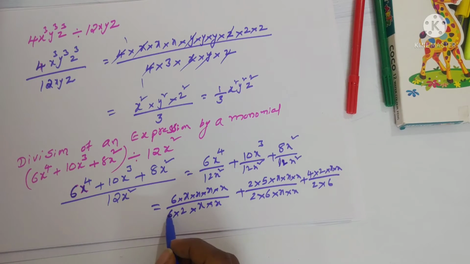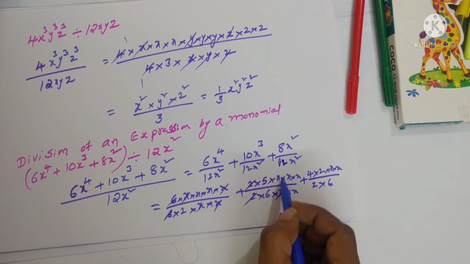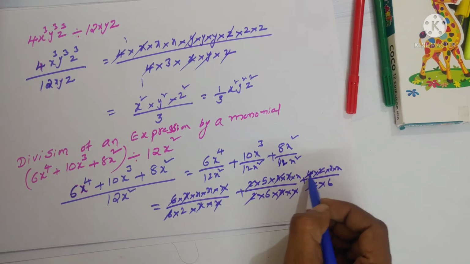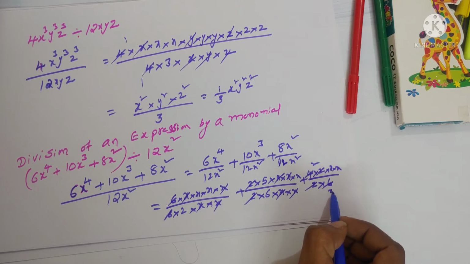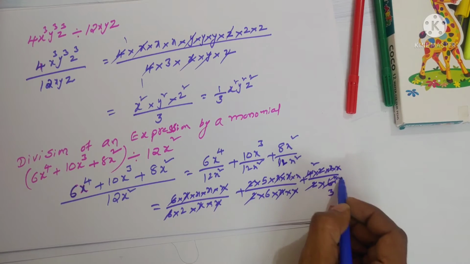Now on cancellation, 6 cancels, x cancels, one more x cancels. Here 6 cancels, and 2 cancels, and 2 twos are 2, threes are 3 here, and x's are there again, so x gets cancelled.